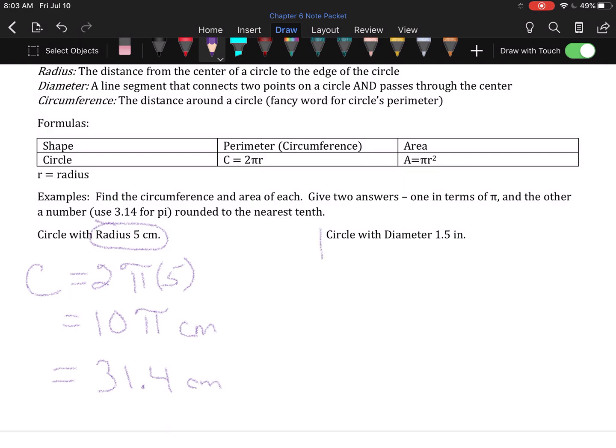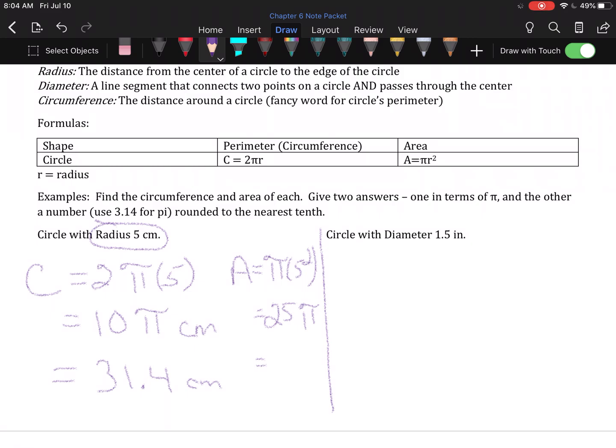So there is circumference. Area is a bit easier. It's pi times the radius squared. Well, 5 squared is 25. And I'm going to reorder this to put the 25 in front of pi, just because when we leave pi as an answer, we treat it like a variable in that it comes after the multiplier of 25.